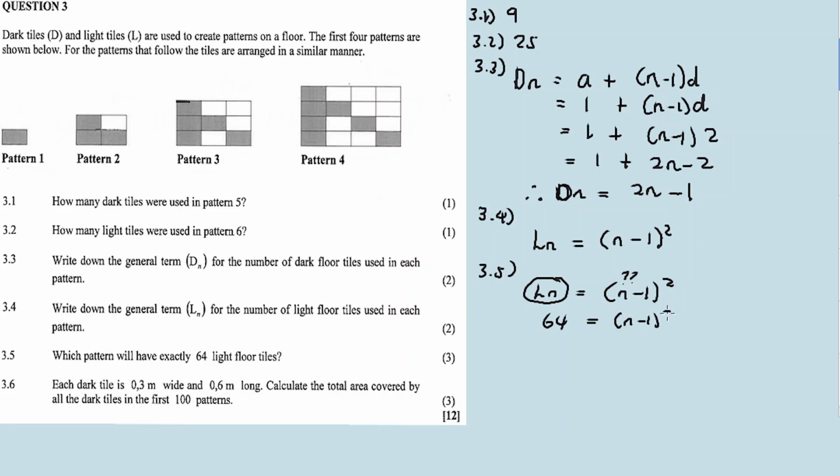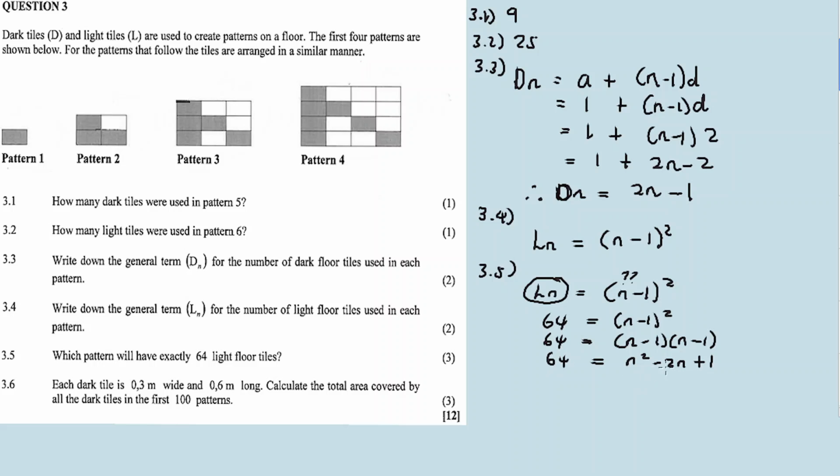So now we have an equation. Now 64 equal to, and then I split this bracket into 2, and then multiply these brackets by 2, I get n squared minus 2n plus 1, right?